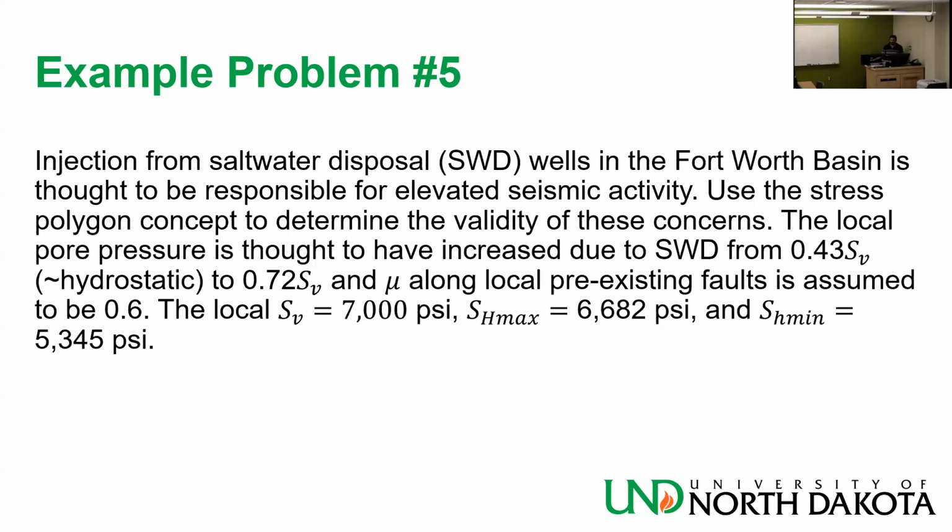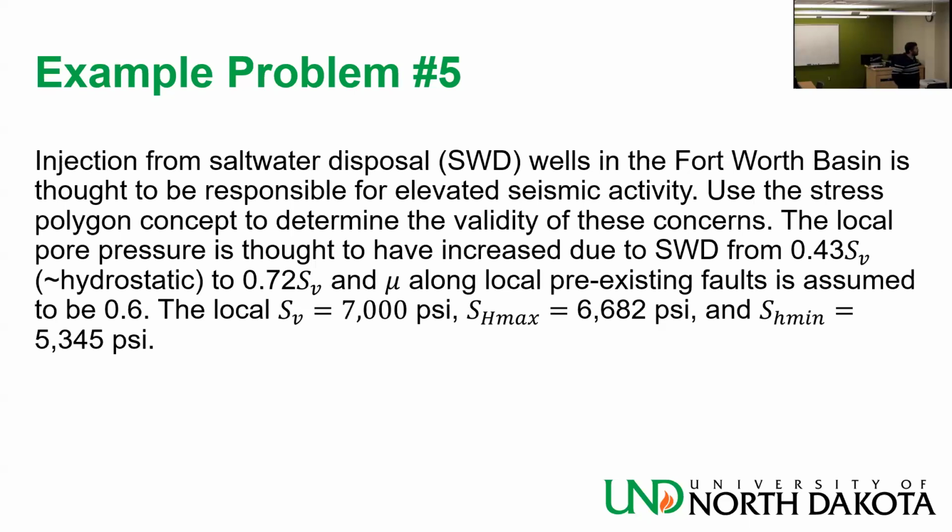Example problem number 5. Injection from saltwater disposal wells in the Fort Worth Basin is thought to be responsible for elevated seismic activity. Use the stress polygon concept to determine the validity of these concerns.